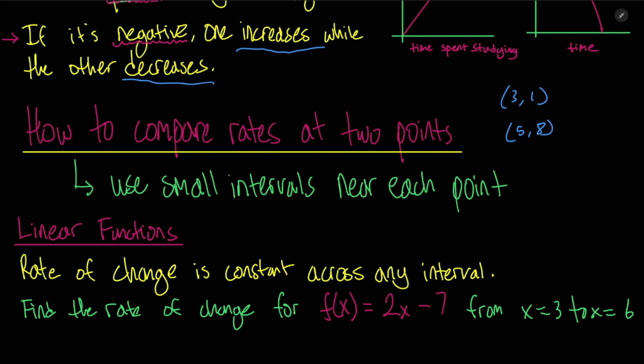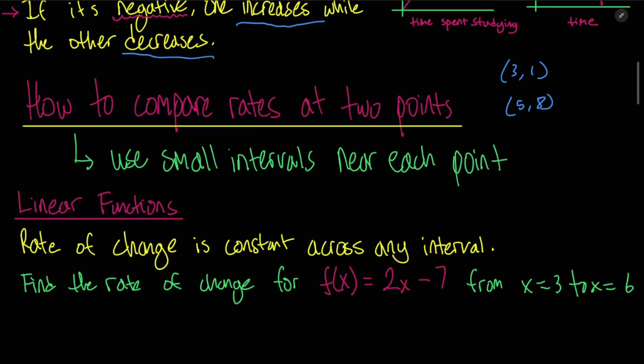You can calculate the average rate of change at those two different points using values close by, as we talked about for instantaneous rate of change, and then you can just compare the rates of change. So whichever one has a bigger value is going to be increasing at a faster rate, smaller value increasing at a slower rate, or decreasing, if it's a negative value.